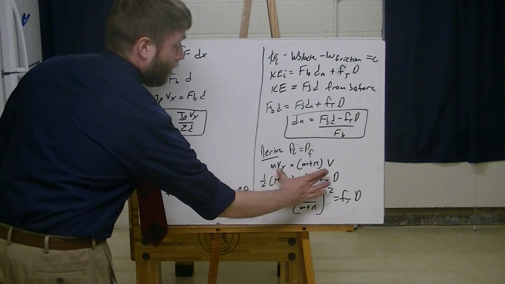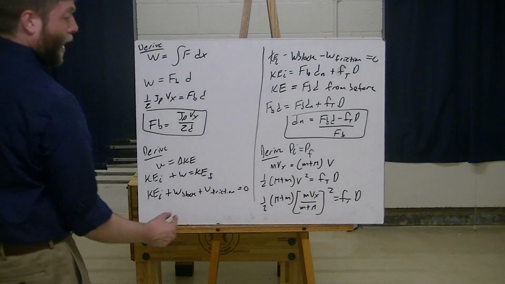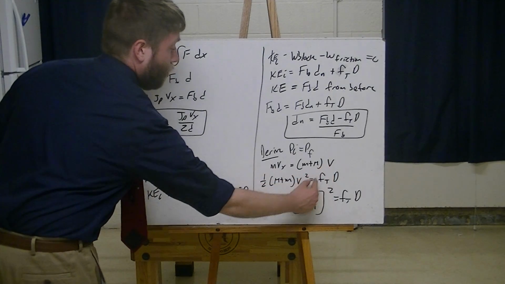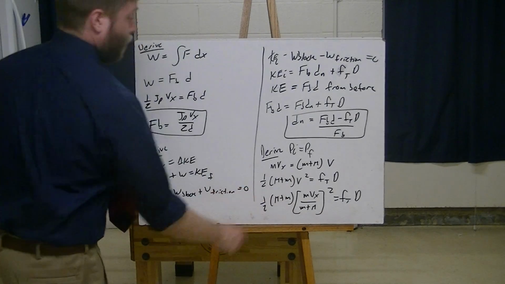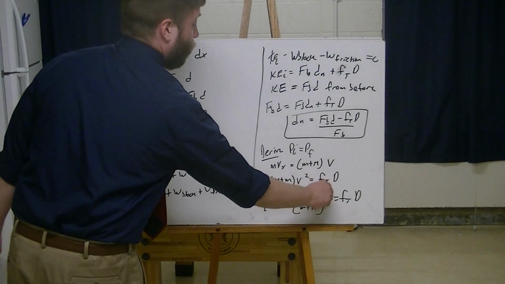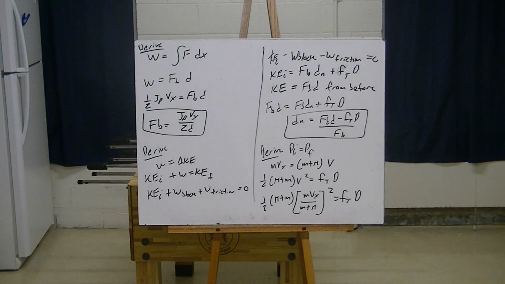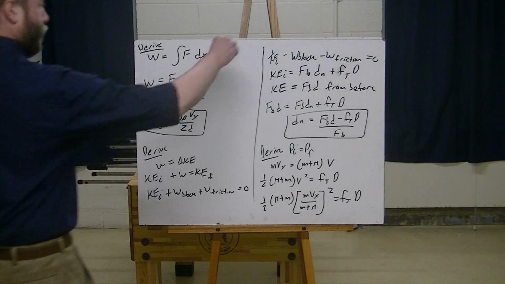So what I'm going to do here is solve for V by pulling over M plus M. And then I'm going to substitute this V right in here, and now I've got a whole mess of 1/2 M plus M times mvx over M plus M, the quantity squared, is equal to the force of the table times the distance that the block travels. We ain't done yet. This is going to get even worse.